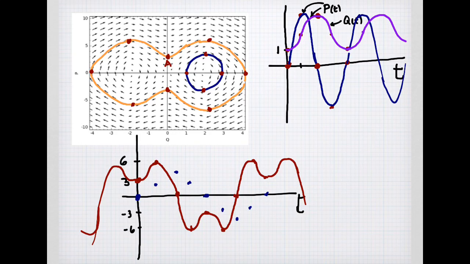So my Q curve, it increases until I reach 4, then it decreases until I reach -4, then it increases, and it's going to repeat that forever and ever. If I imagine going the other direction, it also repeats. Okay.